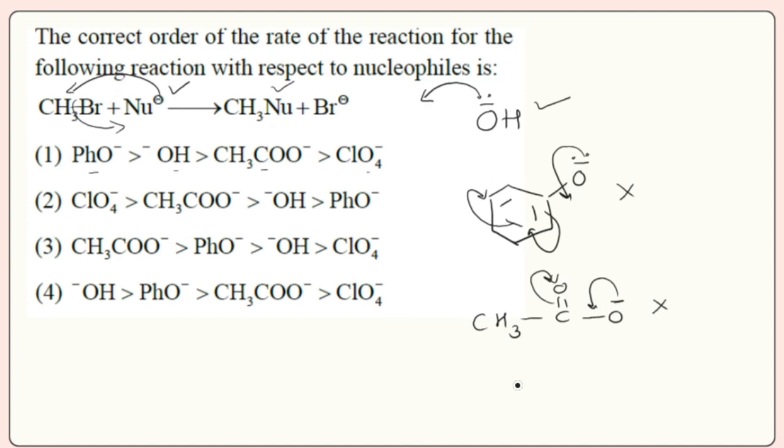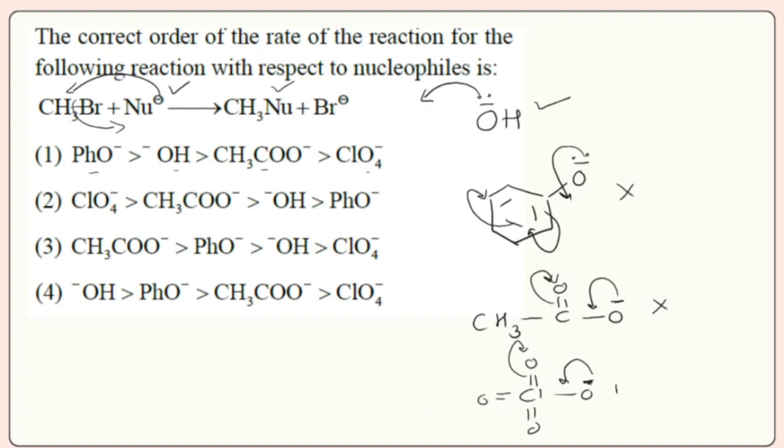Same with the perchlorate. So what is the structure of perchlorate? If you don't know the structures of these molecules and if you are not aware of the resonance, then you can't answer this question. So remember, you're going to compare the structures, their resonance, and then the nucleophilicity. All these are linked together. Here you see in perchlorate, there are 3 oxygens right here, which can stabilize the negative charge further.